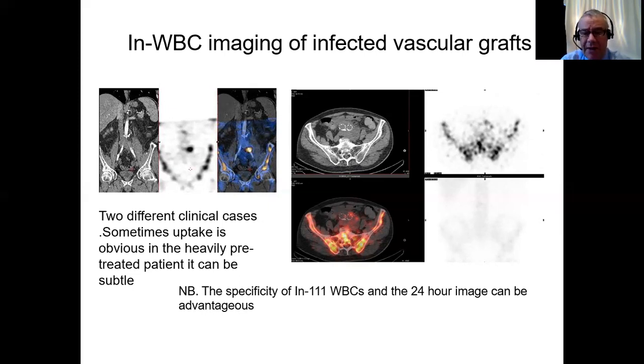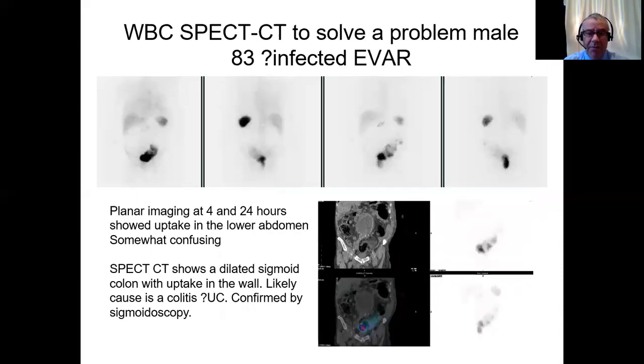And around that is a mass which has low grade but definite uptake of indium white cells. And this is what happens in patients who have chronic infections and often partially treated by antibiotics. Now, because this is indium white cells, then this has to be infection. There's nothing really else it can be. And unfortunately for both of these patients, it means they have to have their graft replaced.